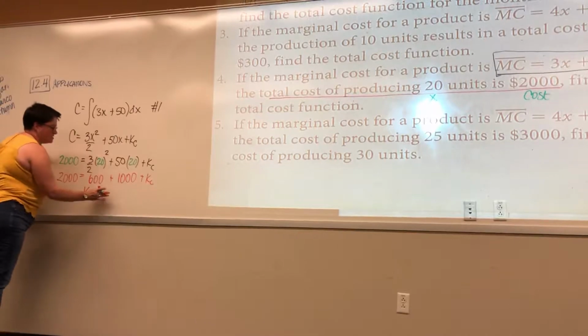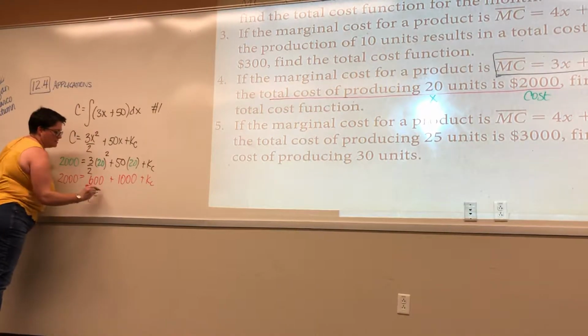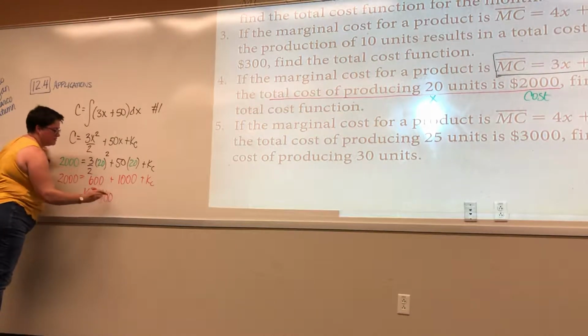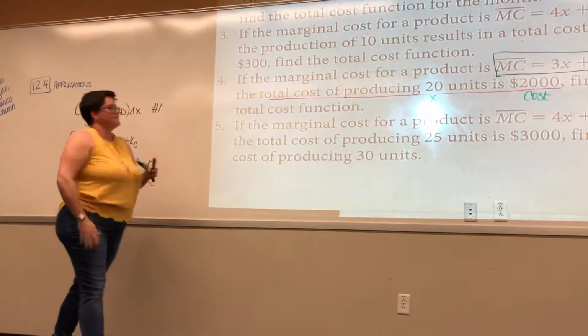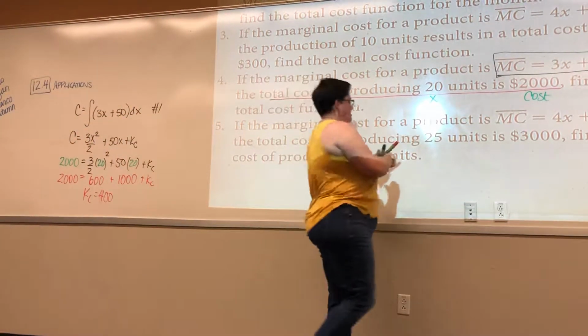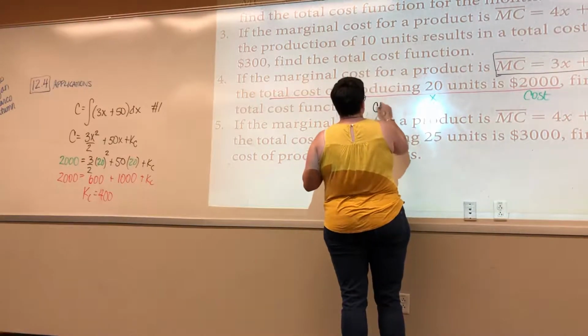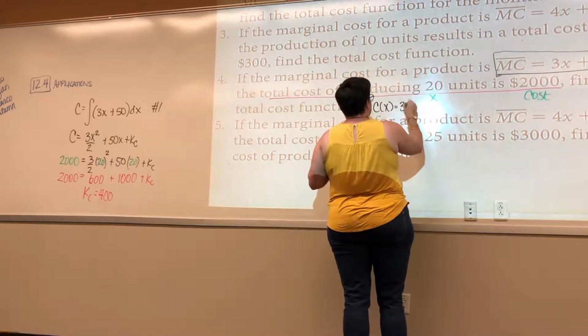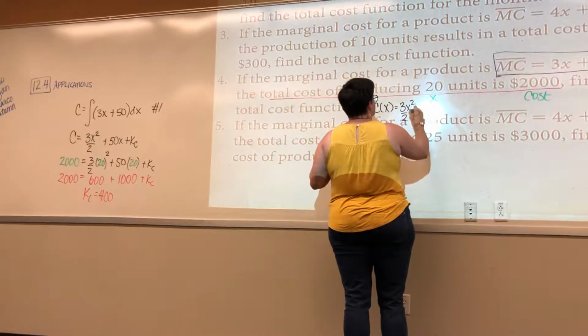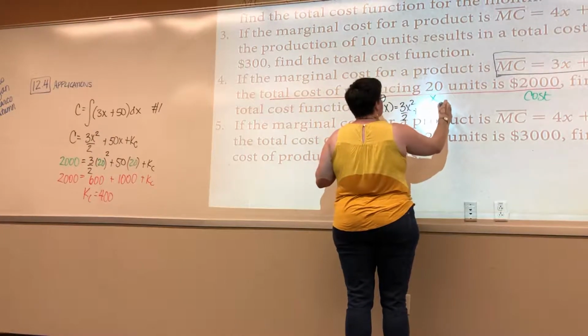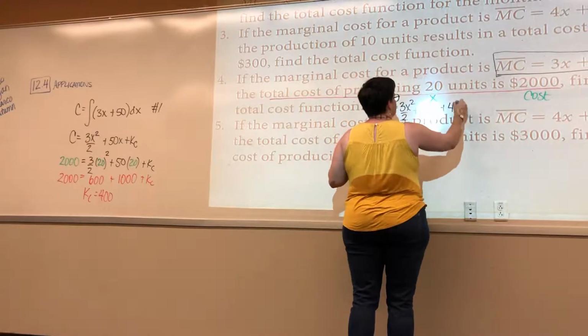I don't know why I went to 500 in my brain, but let's back that up 100. So what is my total cost function, guys? 3x squared over 2 plus 50x plus 400.